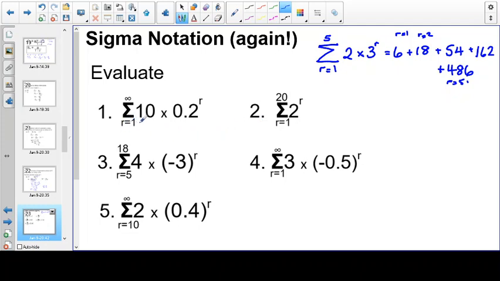So write down the first 3 terms. All of them are geometric series. So based on the first 3 terms, write down what A is, write down what R is, and then work out the sum. That's the sum to infinity. That's the sum to infinity. That's the sum of the first 20 terms. These two, you're just going to have a little think about how you're going to do it. And we will discuss it in the tutorial and mark it.